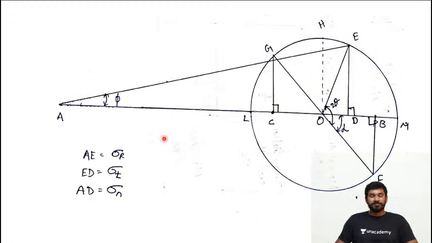So these are the drawings: 3 types of loading conditions, 3 types of Mohr circles, right? With these conditions, it becomes very easy to solve the problems.